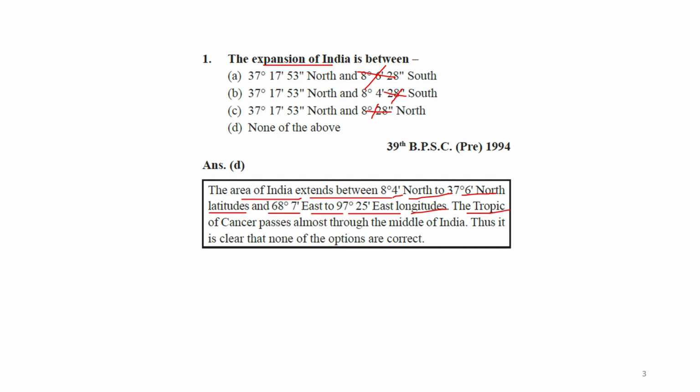The Tropic of Cancer passes almost through the middle of India. Thus it is clear that none of the options is correct, since nothing is given from here. So the answer is D.